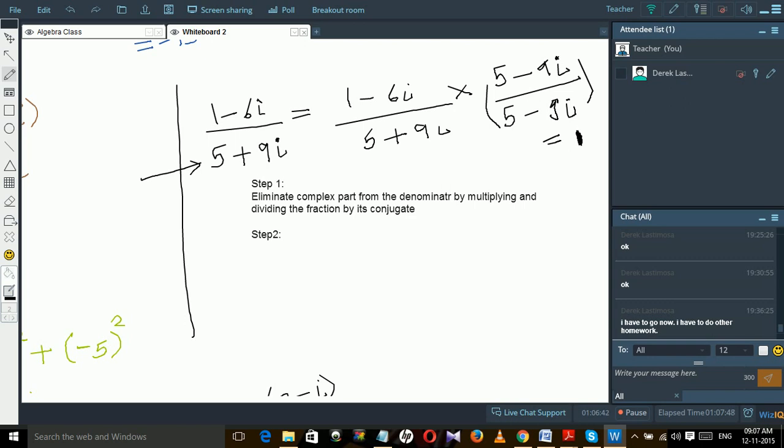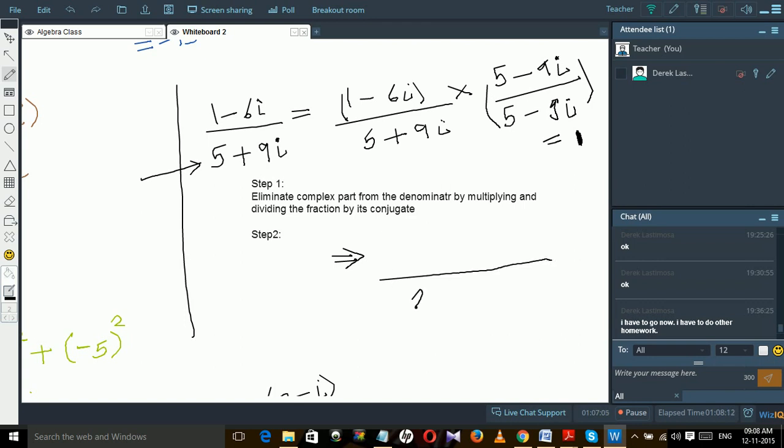So this is 5 minus 9i again. This quantity in itself is equal to 1, so we are multiplying and dividing with the same term.